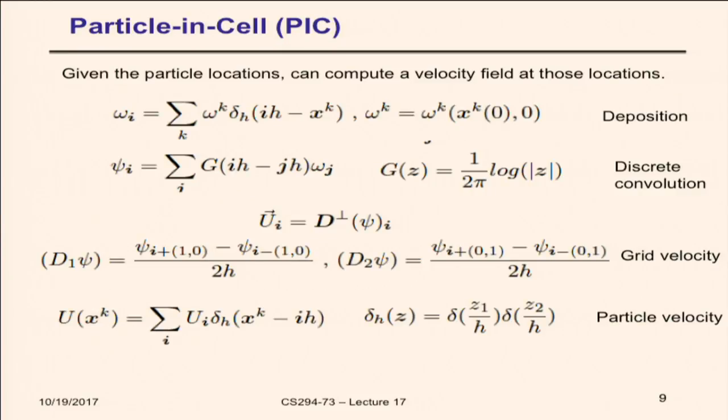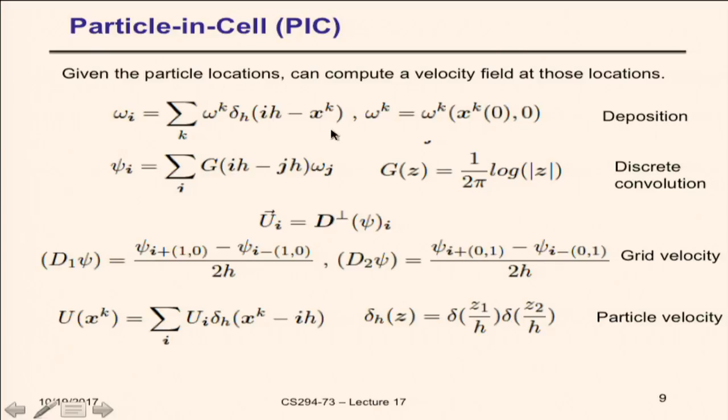That's pretty much what we described before. Now I'm writing it down in complete detail, so this is what you'll be using as a reference to implement this. Given particle locations, we compute a velocity field at these locations by the following process. First is deposition of vorticity onto the grid.